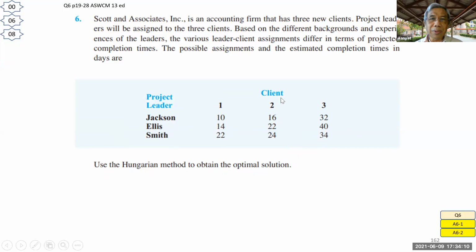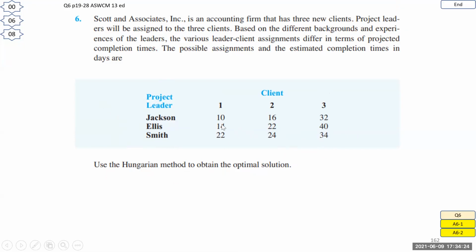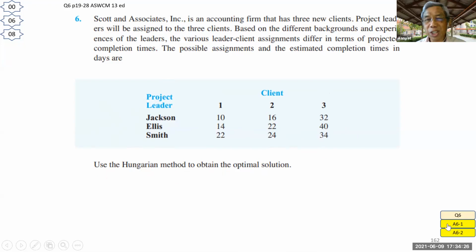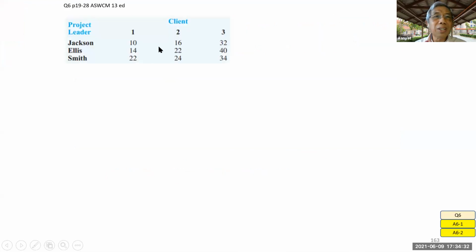So we have 3 clients, 3 leaders. Just now I also didn't ask you whether it is balanced or not balanced. So we have a balanced assignment problem. So this can be done quickly.